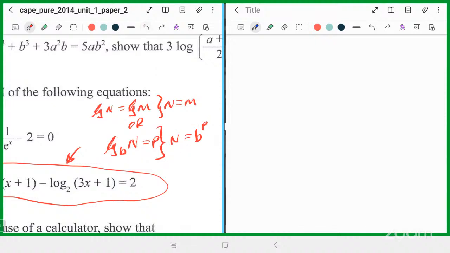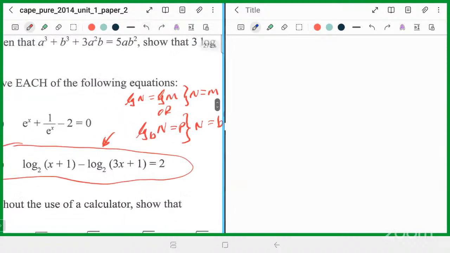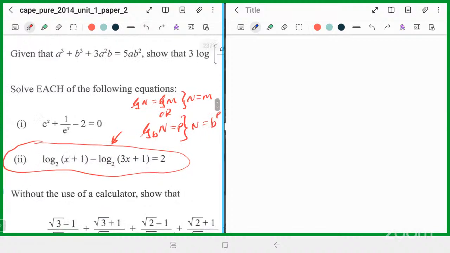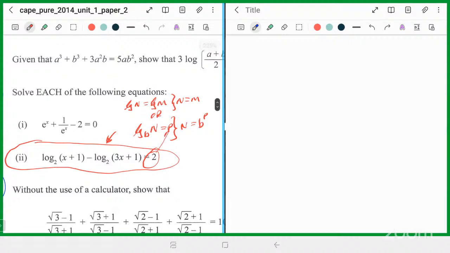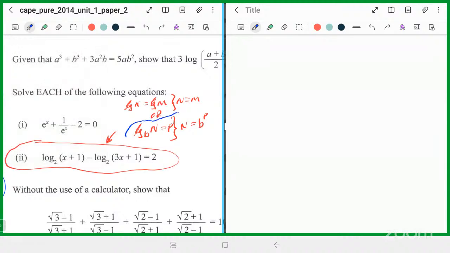Now, based on the fact that this has a 2 on the right side, it looks to me that I want to be working with the second way. So I want to leave this side, consolidate this side as a log expression, and put it equal to a power, that 2. I'm going to be using this approach for this question. All right, so let's go. The left-hand side right here, I'm going to write it out.